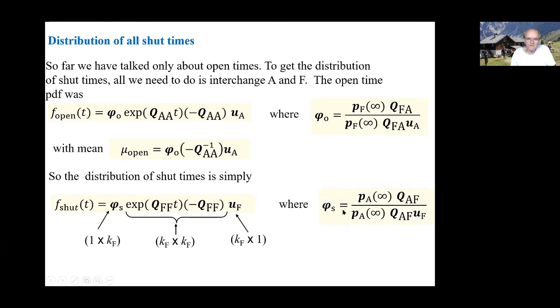We have to do this swapping trick in the initial vector too, so we call that an initial vector for shut states. This is the initial vector for open states. So we just swap A for F in that, and we have that has a mean which is exactly analogous to the mean of the open state. So that gives us a distribution of all shut states. And that ties it up for the open and shut states. Next time we go on to bursts.